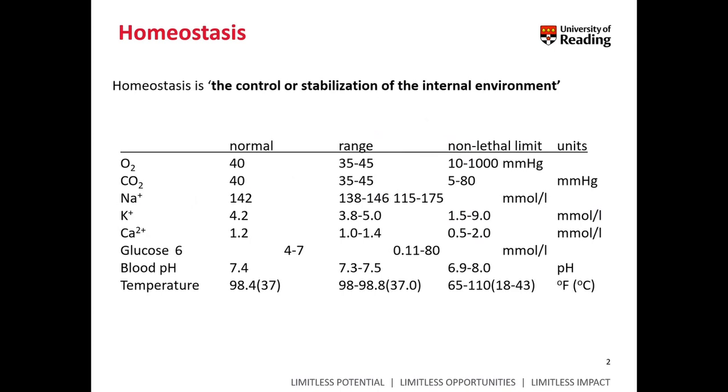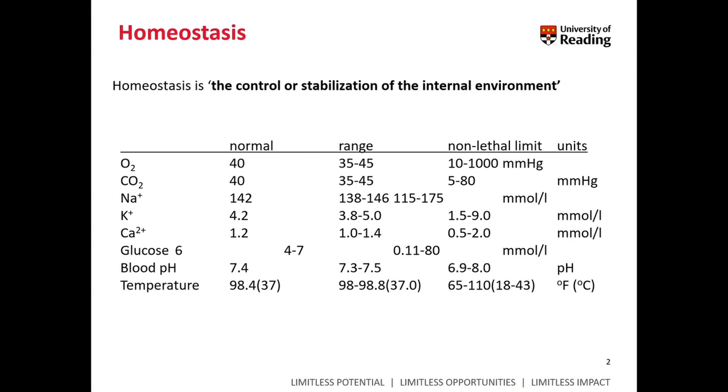And so if the control of stabilization of the internal environment is what homeostasis is, what are the parameters within the internal environment that we want to keep stable? We do have, of course, average values, a range, which is mostly observed in people, so a standard deviation.